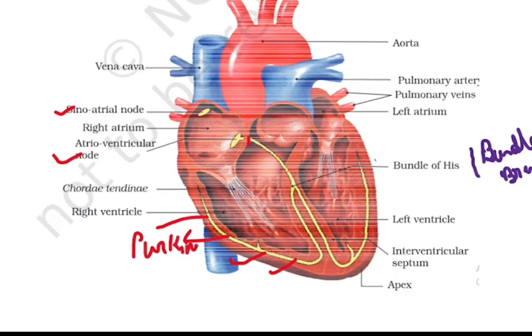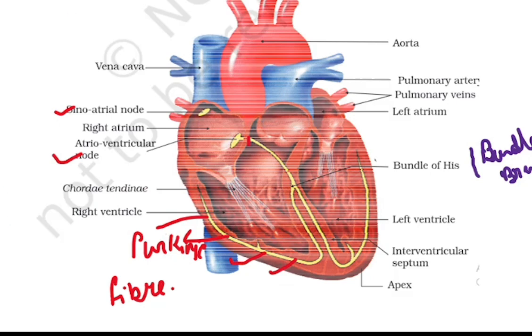Now what does the Purkinje fiber do? It transmits signals to the ventricle for the pumping of blood. So this is the first question related to the circulatory system, and it is asked most frequently.